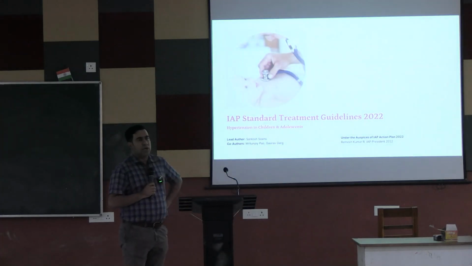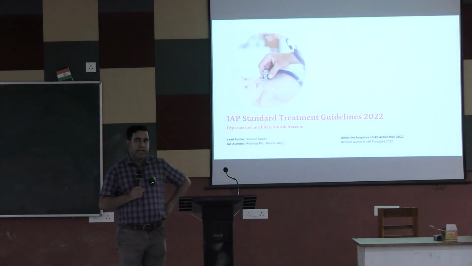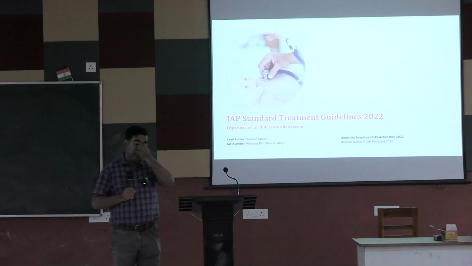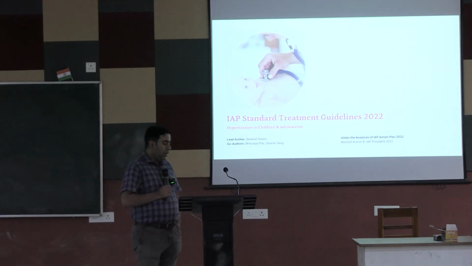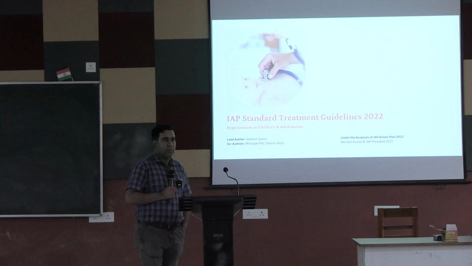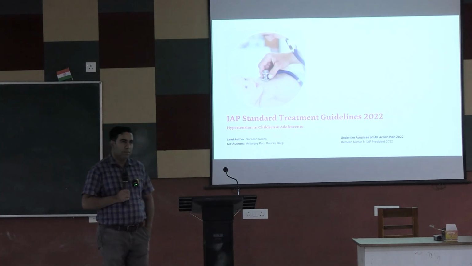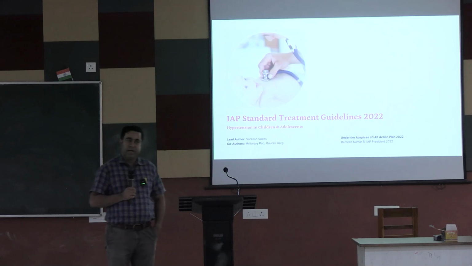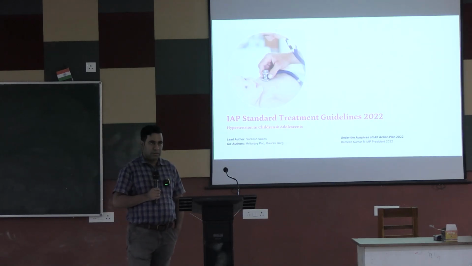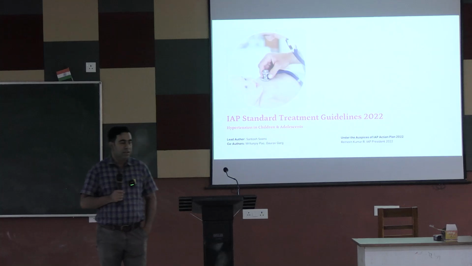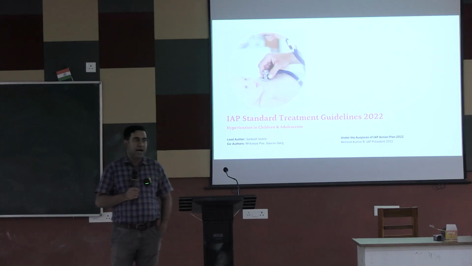Usually hypertension is not that common in children or pediatric age group, and in pediatric age group hypertension is mostly related to some causes, like maximum renal disease, like in post-streptococcal glomerulonephritis, PSGN.